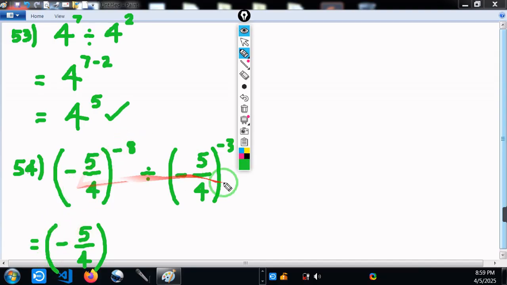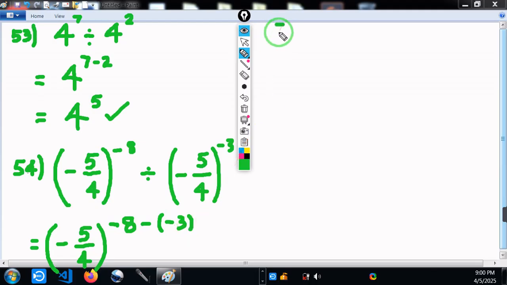Same base, so the power here minus the power there. Show a little bit of working. Minus 3, so this one can be done quite easily.